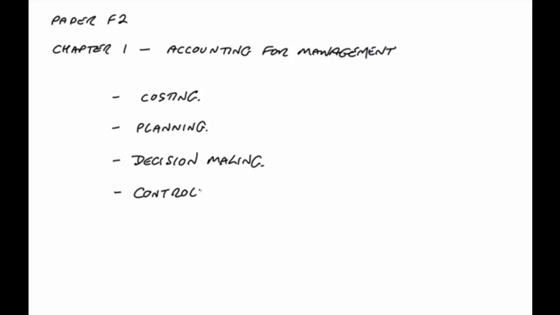Certainly they want to keep a check. If costs go up, they want to know why are they going up, to check there isn't a problem. Well, again, it's the management accountant's job to be doing that. It does lead on, in fact, to quite a big area, something called variance analysis. But all of that's dealt with in the notes later.